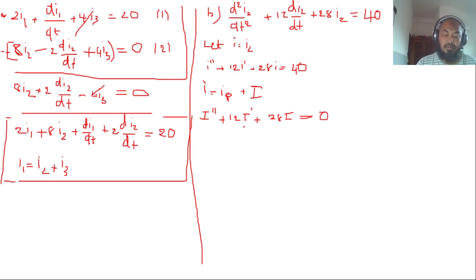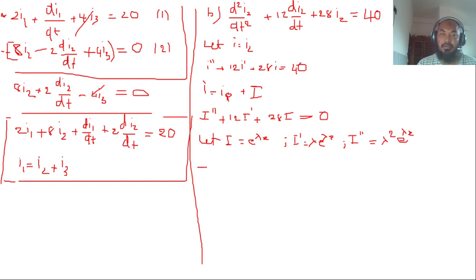General solution of ODE, okay? So let I equal to E lambda x, okay? So we will get I dash equal to lambda E lambda x and I double dash equal to lambda square E lambda x.